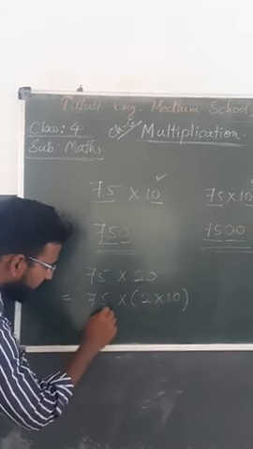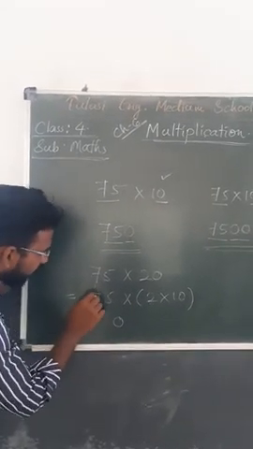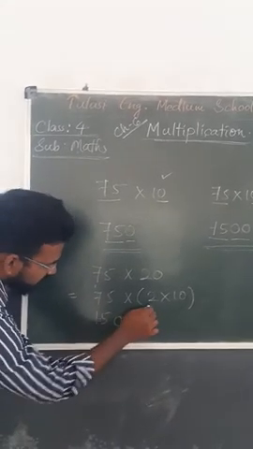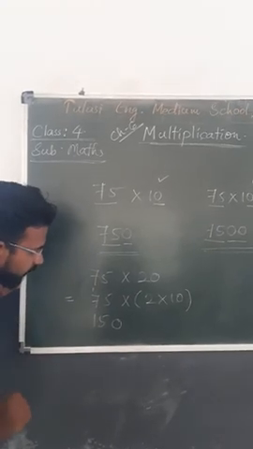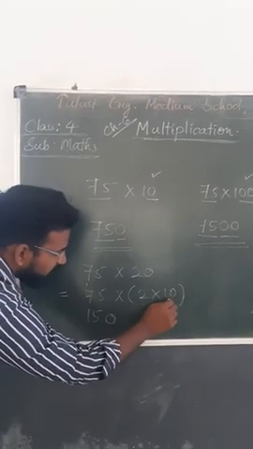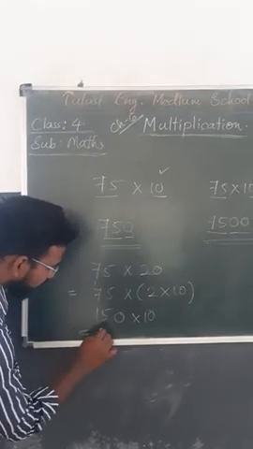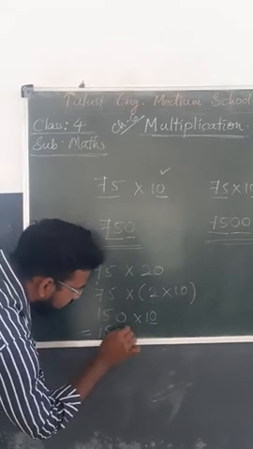2 into 5, 10. 2 into 7, 14, plus 1, 15. 75 into 2 is equal to 150. So now we have to multiply by 10: 150, and we just place that 0.